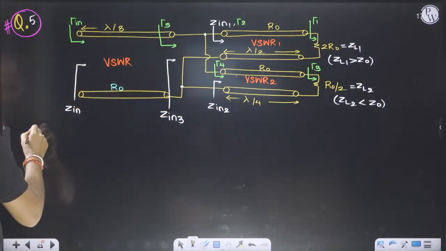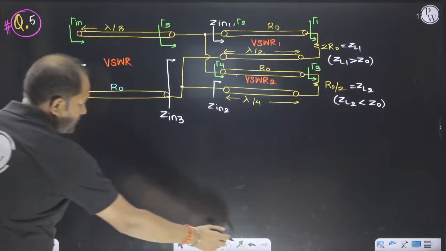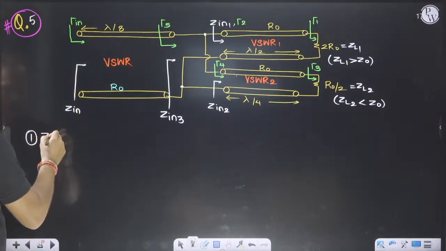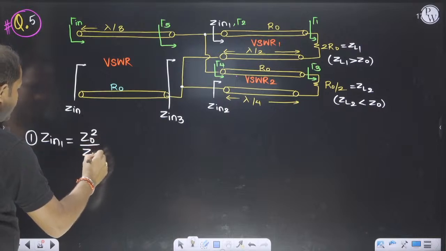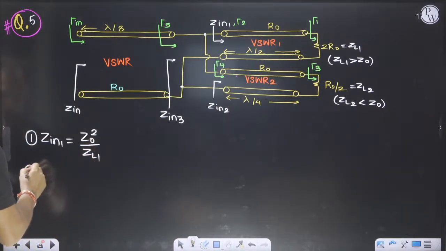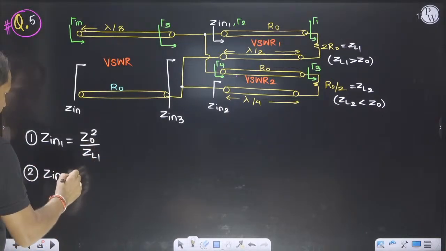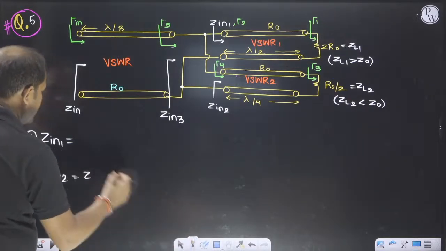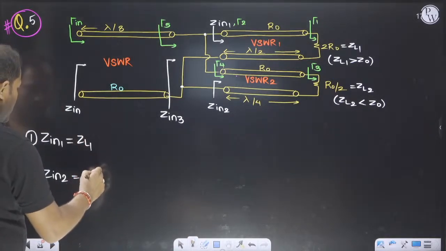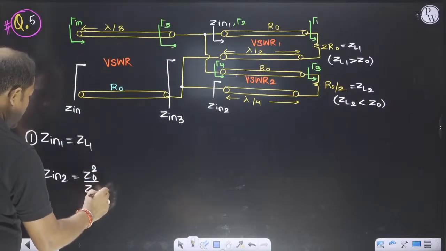First of all, we have Z in 1. The formula for Z in 1 is Z0 square upon ZL1. Second, we have Z in 2, which is Z0 square upon ZL2.